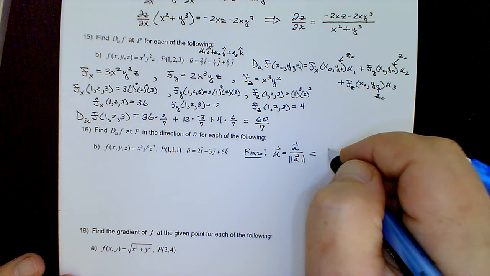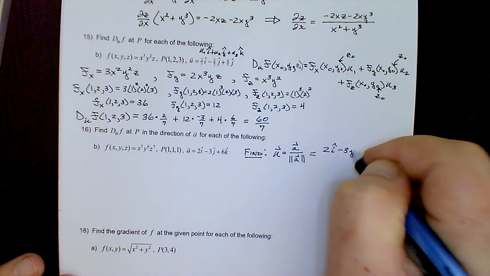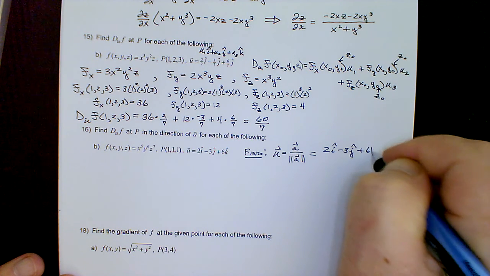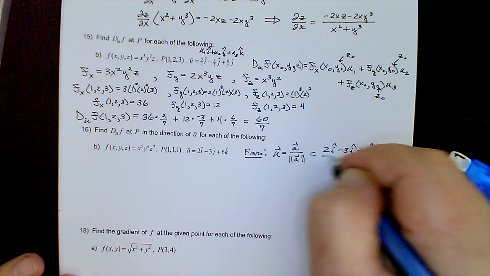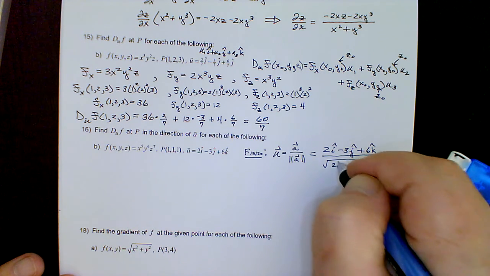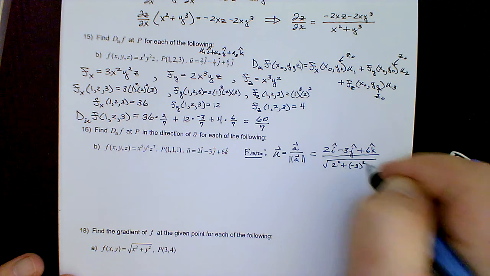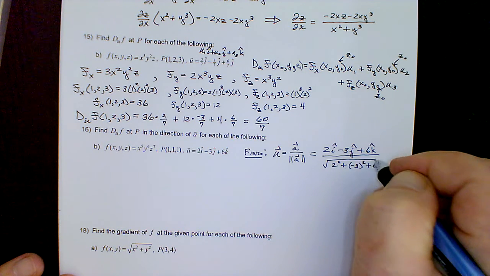So that is 2i minus 3j plus 6k all over the magnitude, which is the square root of the sum of the squares: 2 squared plus negative 3 squared plus 6 squared.